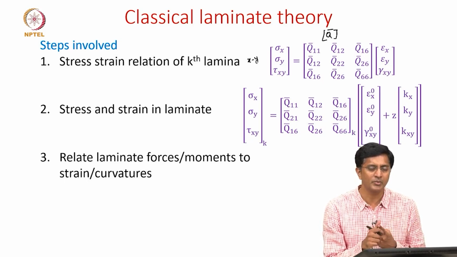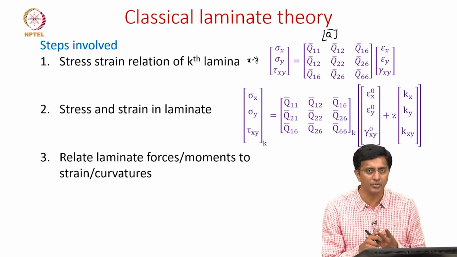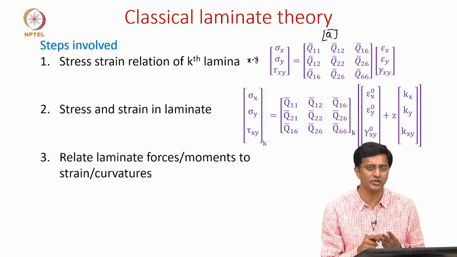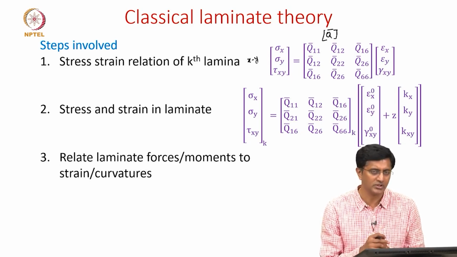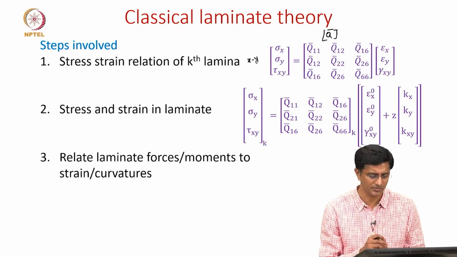So it should remain straight before and after deformation, and we said it should remain perpendicular to the mid surface both before and after deformation, and lastly it should be of the same length before and after deformation. Using these three hypotheses, we were able to show what is the relation between the strain and the displacement, and finally the relation between the stress and strain.